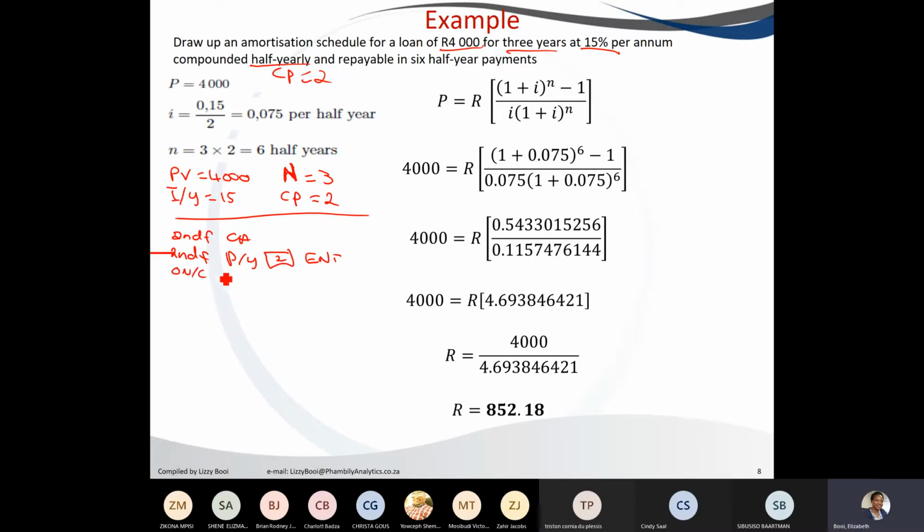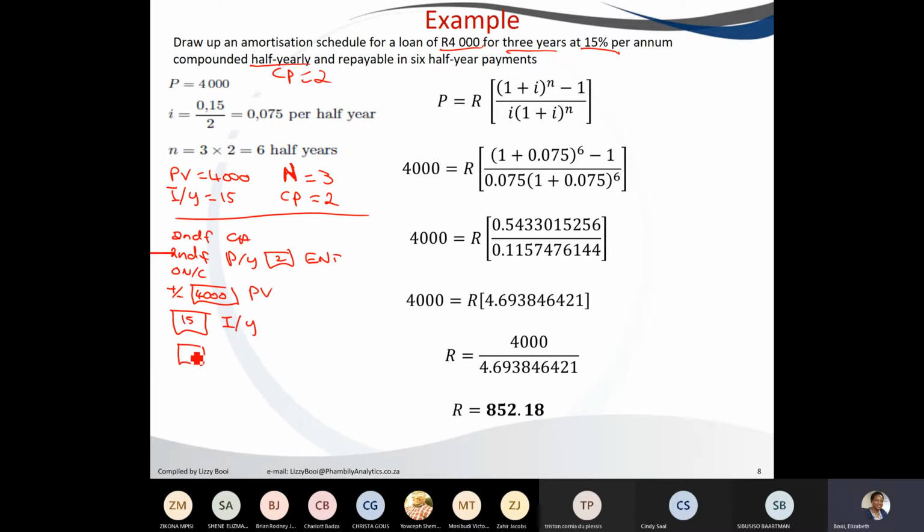We go on and off our calculator. We press plus or minus, put in the present value, which is 4,000, and we press the PV button. Then we put in our interest, which is 15, and we press the I/Y button.